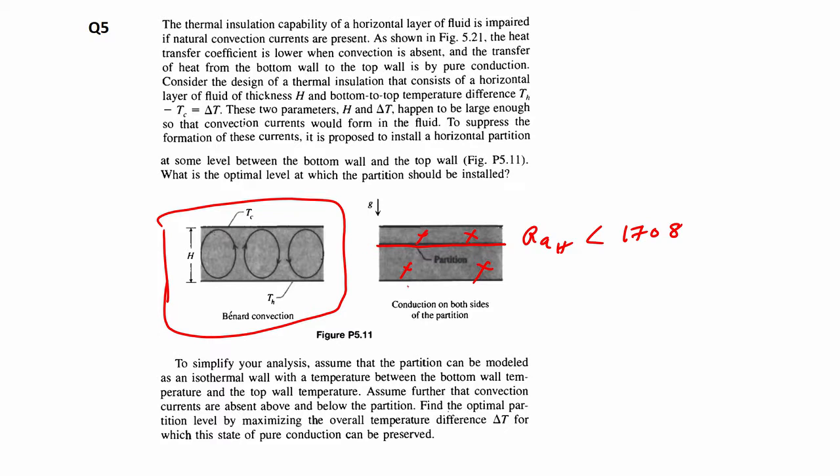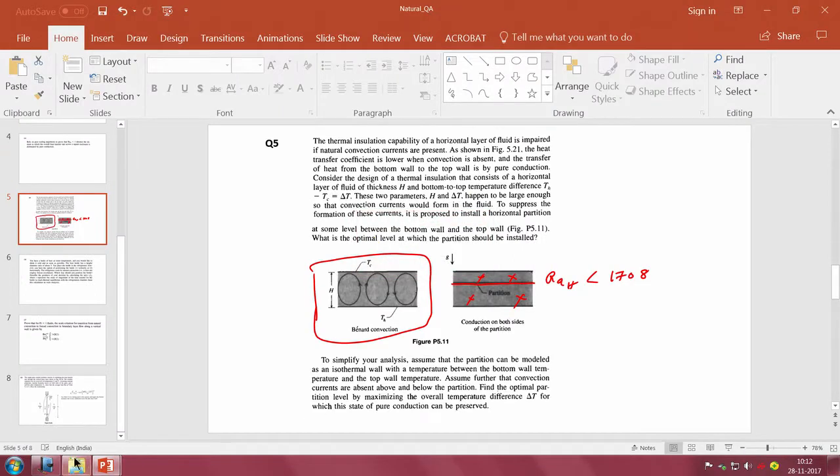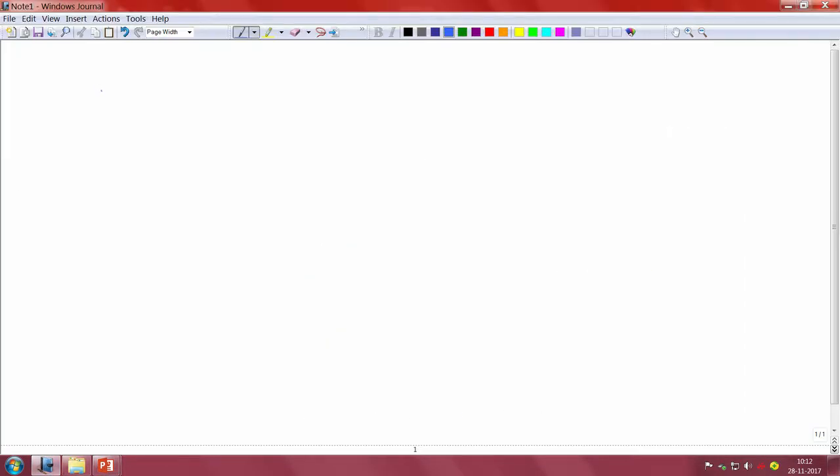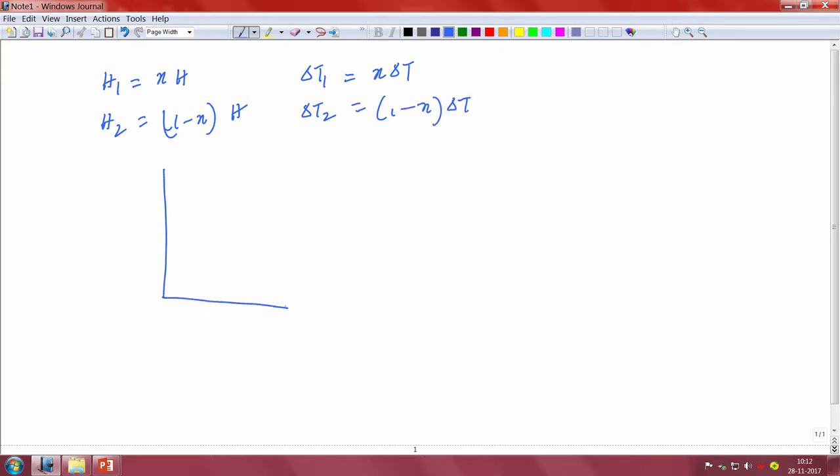So, under this pretext, we are supposed to do the problem, and we started, and let me just recap and put the numbers in. We said that H1 is equal to x H and H2 is equal to (1 minus x) H, delta T1 is equal to x into delta T, delta T2 is (1 minus x) into delta T. So, the temperature is a linear profile because you are having a pure conduction driven problem now.